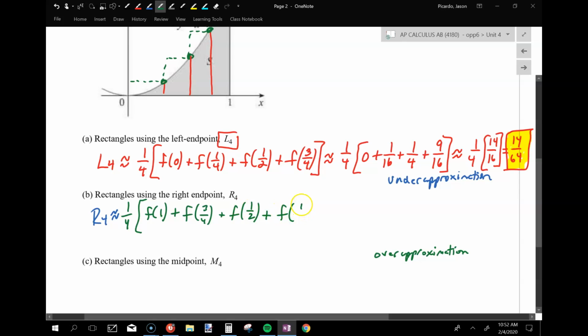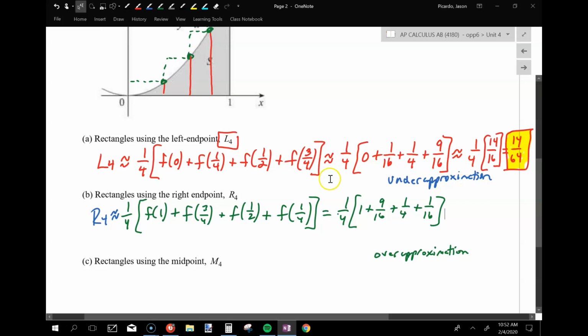Still adding areas, same exact thing, right? So F of 1, what's 1 squared? 1 plus 9/16 plus 1/4 plus 1/16, right?